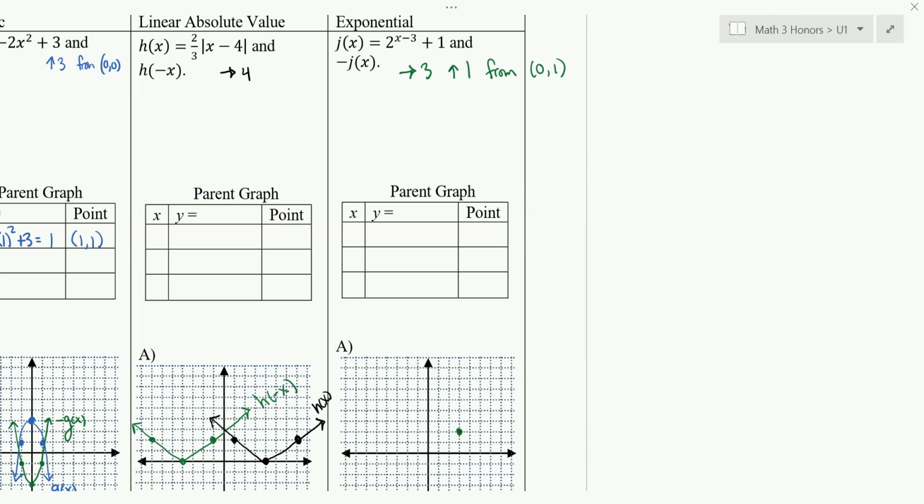Yeah, right 3. What should I plug in? It's exponential, right? Oh yeah, that's 4. So right 1. Wait, up 1. All right. Now what? That's all I got. You got it. Okay. So now we gotta find some points.